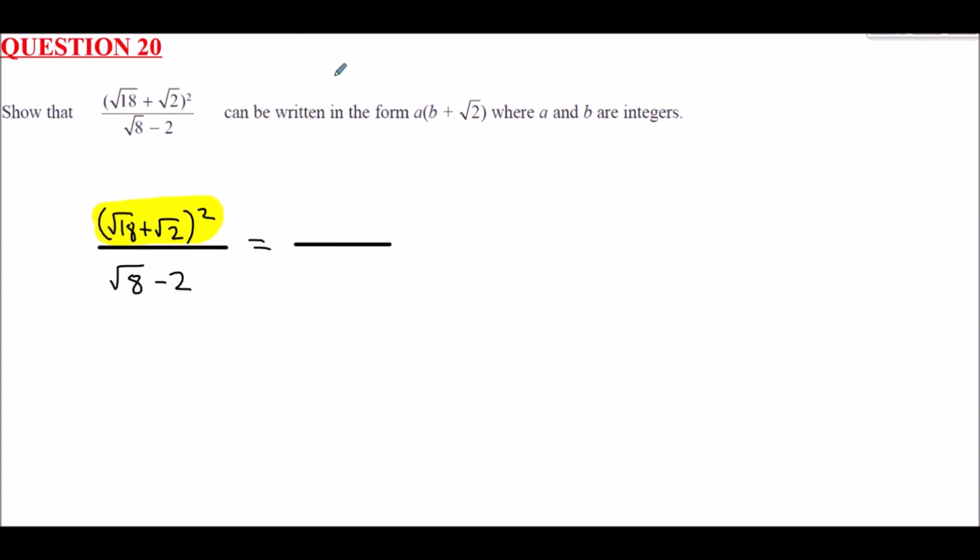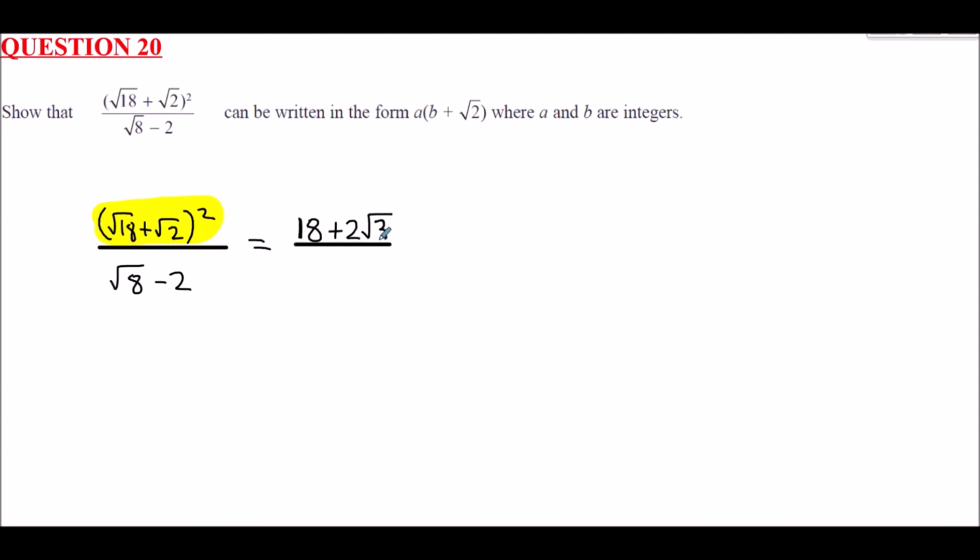Okay, if we do that, root 18 times root 18 gives us 18. Now, we can do root 18 times root 2. Root 18 times root 2 is root 36, and then we double that. So we have 2 lots of root 36.